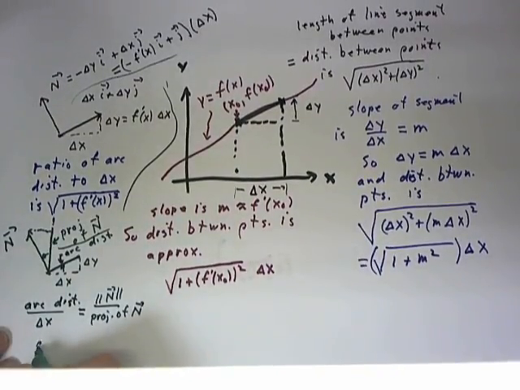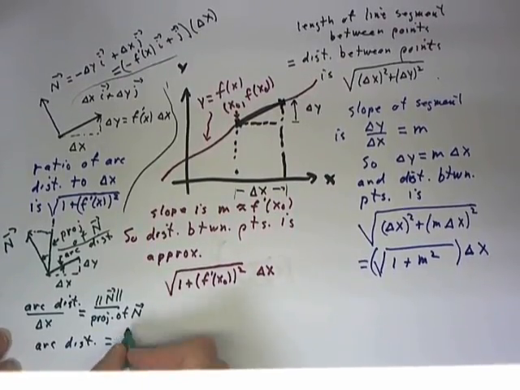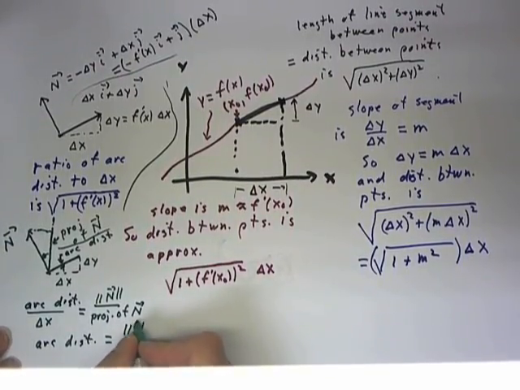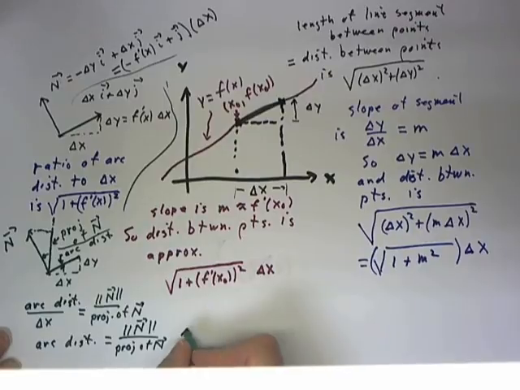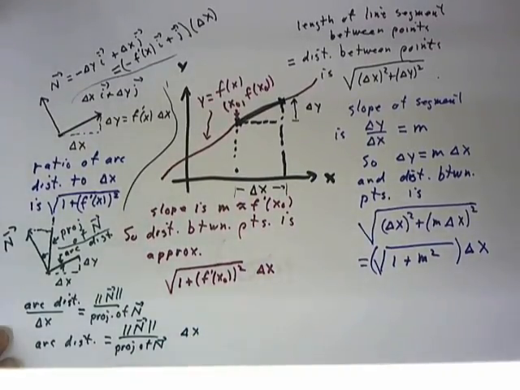So that the arc distance equals magnitude of n over the projection of n times delta x.